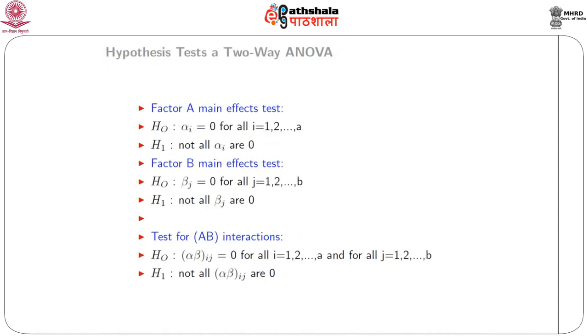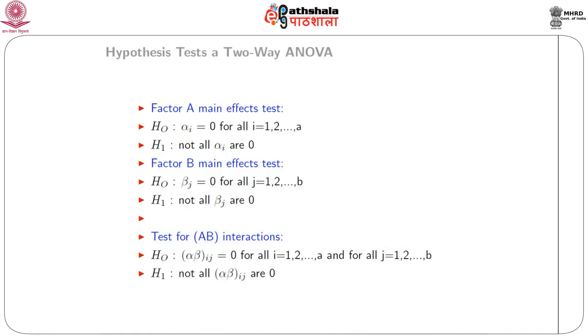Now, hypothesis tests in two-way ANOVA. Factor A main effects test are H naught: alpha i equal to 0 for all i, and H1: not all alpha i are 0. Factor B is exactly similar, but with betas in place of alphas, and B in place of A, and j in place of i.